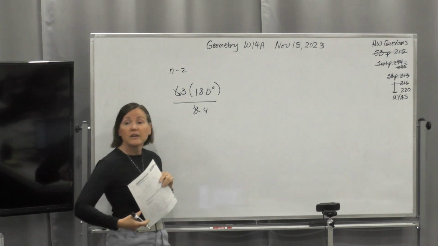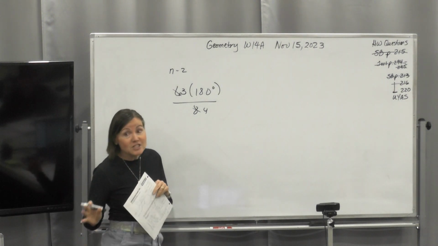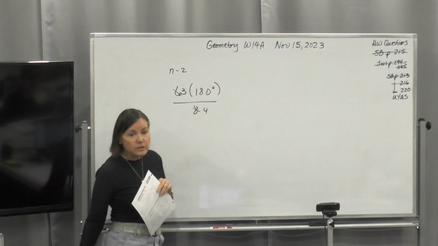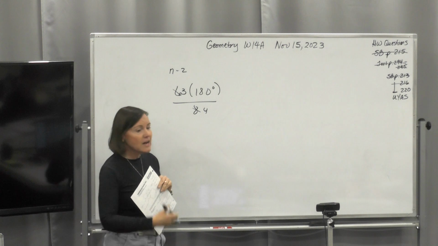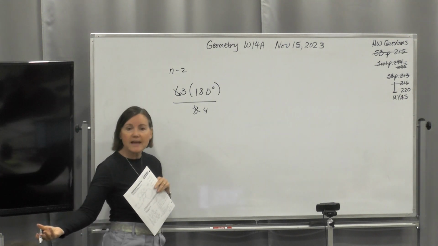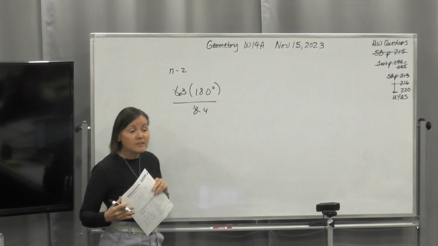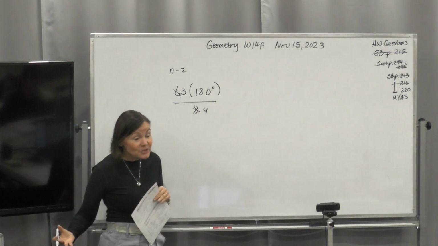I'm going to tell you, though, there's a much easier way to do this if you remember something else. What do the exterior angles of an octagon add up to? 360. The exterior angles of any polygon add up to 360.